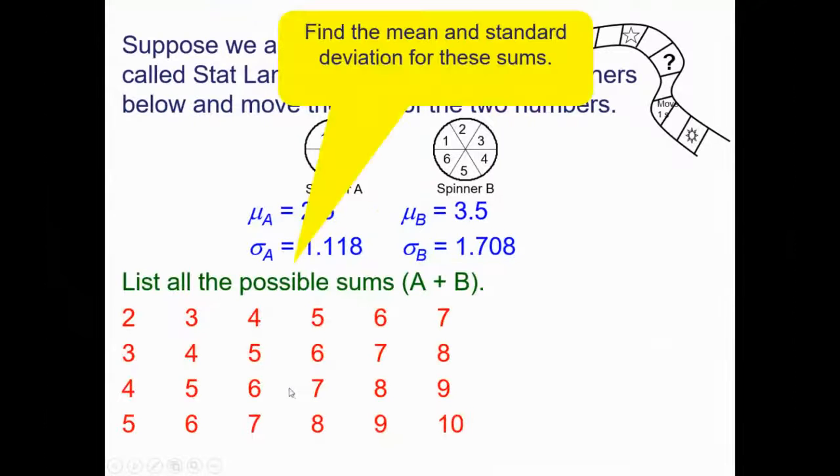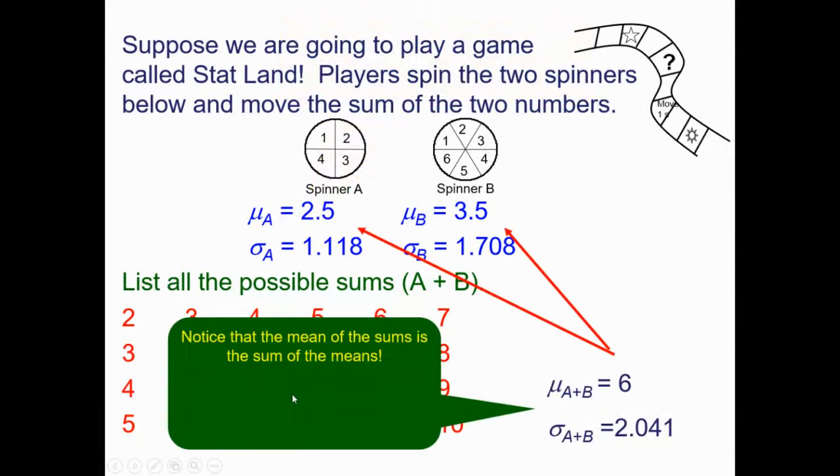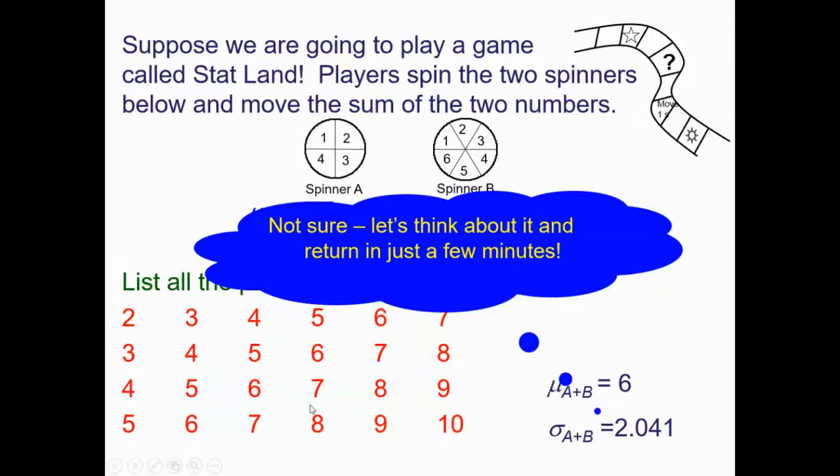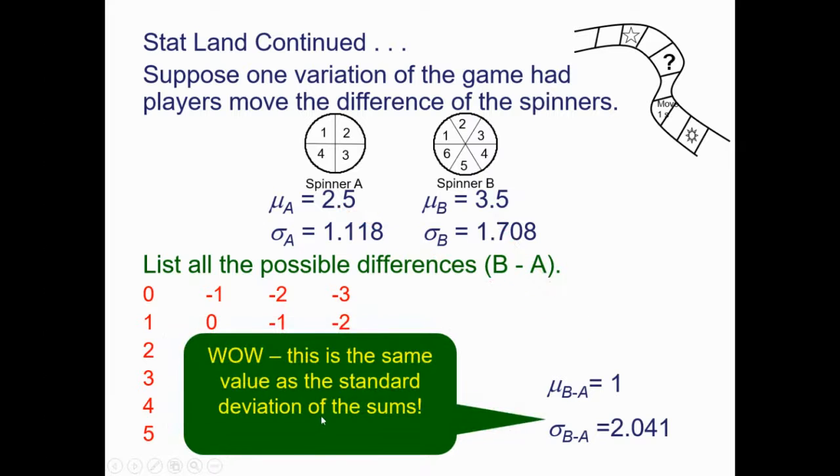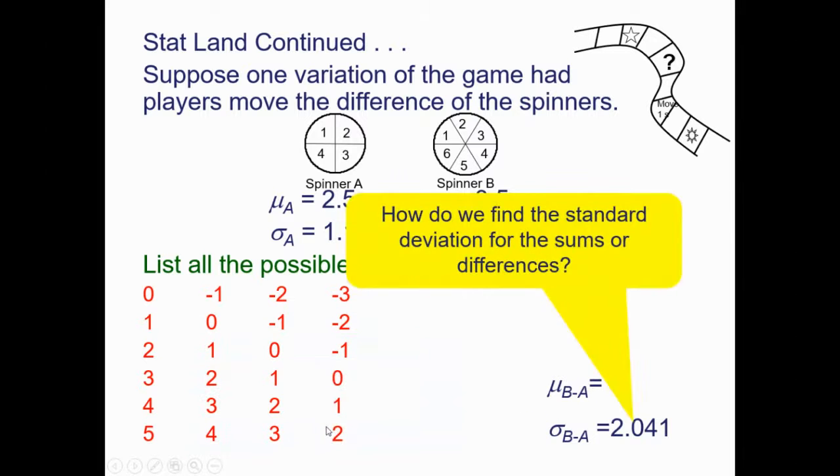Okay, we did this. We got that. So we still have the question, how do we find the standard deviation for sums and differences? That leads us into our next topic. We're about to figure out how we can do it.